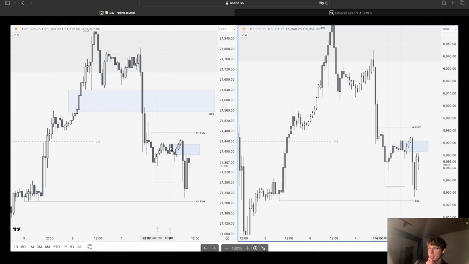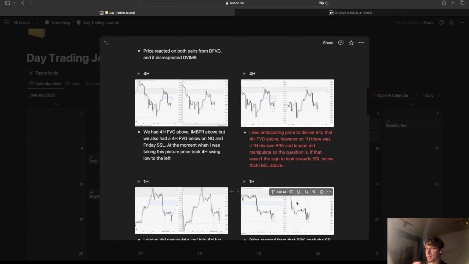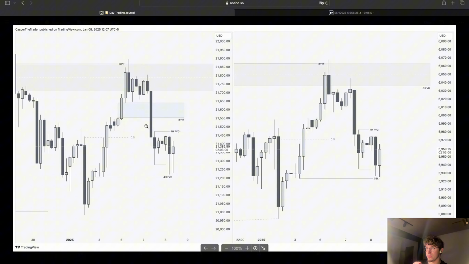So yeah, there was this 1 hour breaker, and right now, seeing that there is a potential that price on daily is creating a third candle of FVG, we would probably have an FVG above here, which will align with those areas here.